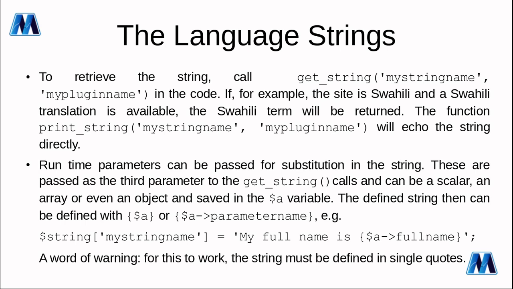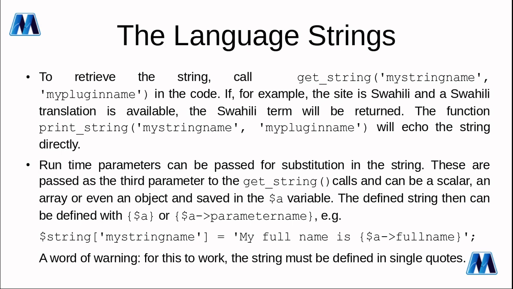Then you can define the variable in your string. For example, I've got an example on the screen: My full name is {$a->fullname}, and what you have to remember is it's always enclosed in curly brackets for it to work.